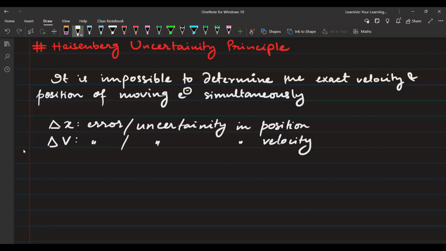And Heisenberg calculated that the product of error in position and velocity is always greater than or equal to h upon 4 pi m. Now, if I shift the m to the left hand side, I will get delta x into m into delta v is greater than or equal to h upon 4 pi.